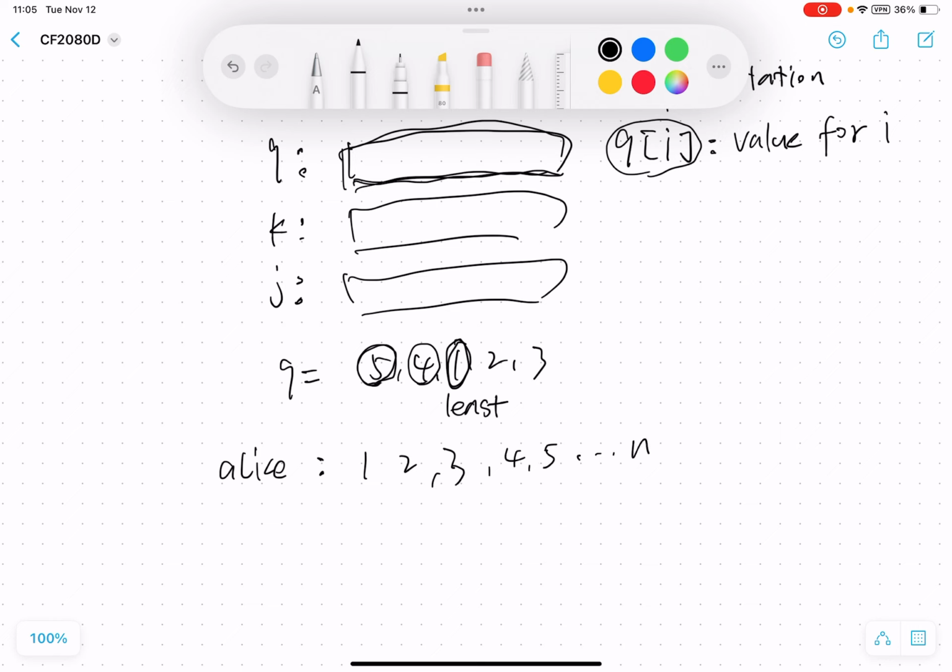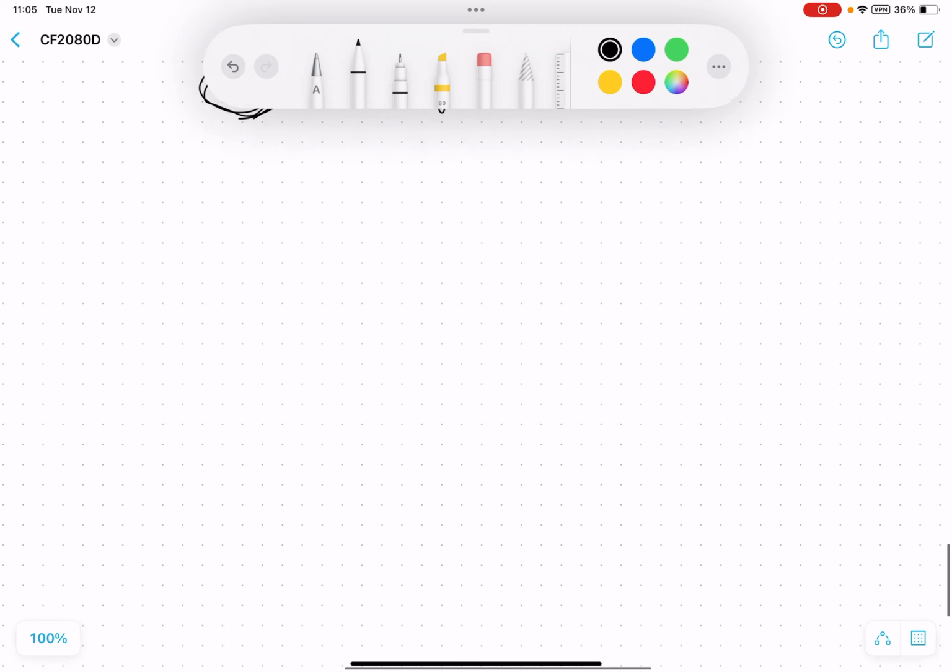That means if Alice has card 3, the cards he can exchange for will be 4, 5, and whatever is larger than 3. That means the index of the card will be equal to the value of the card for Alice. Okay, this is the description of this problem.